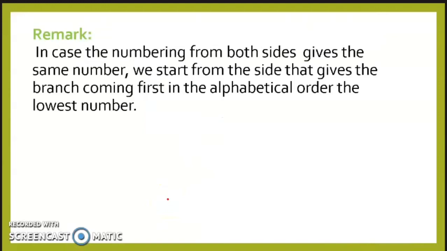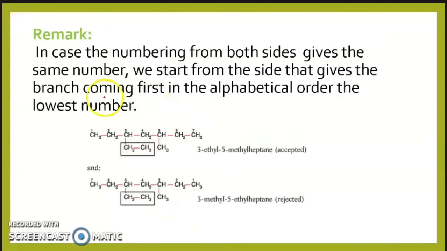Now, as a remark, in case the numbering from both sides gives the same number, we start from the side that gives the branch coming first in the alphabetical order the lowest number. Now, as you can see in both cases, the number of the carbons holding the branches are 3 and 5.